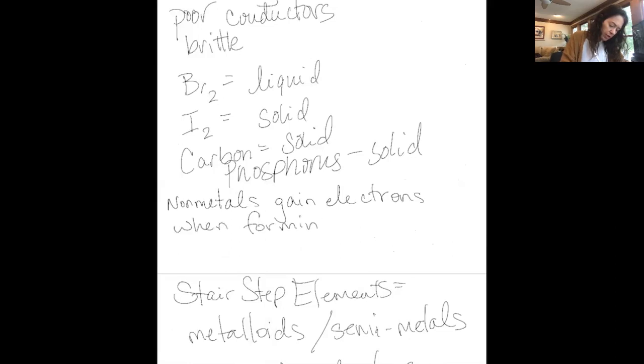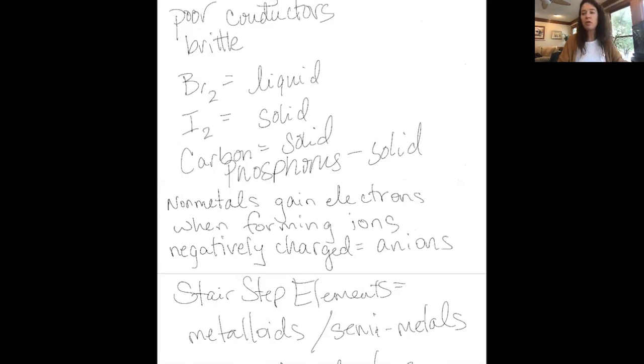Notice I didn't say when bonding. That makes them negatively charged, and we call those anions. So metals form positive cations and nonmetals form negative anions. That's going to be important.